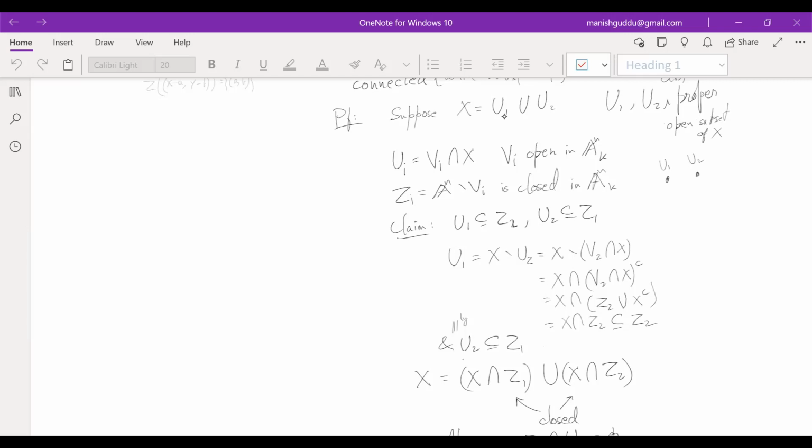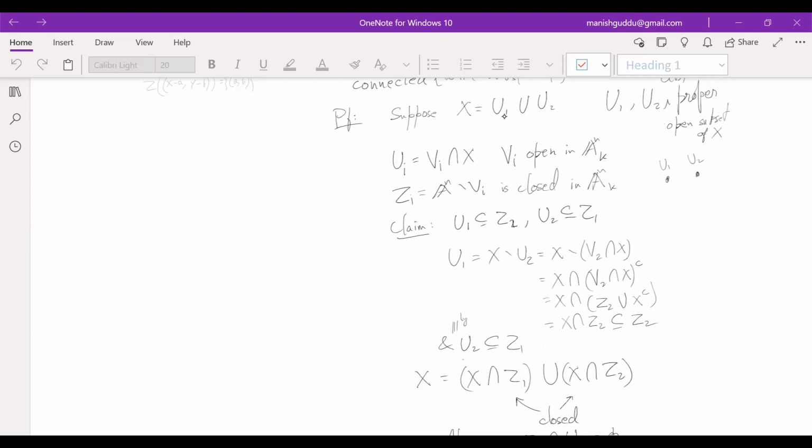And X intersection X complement is obviously empty. So what you get is X intersection Z2, which of course is contained in Z2. So U1 is contained in Z2, and similarly, you will get U2 is contained in Z1.